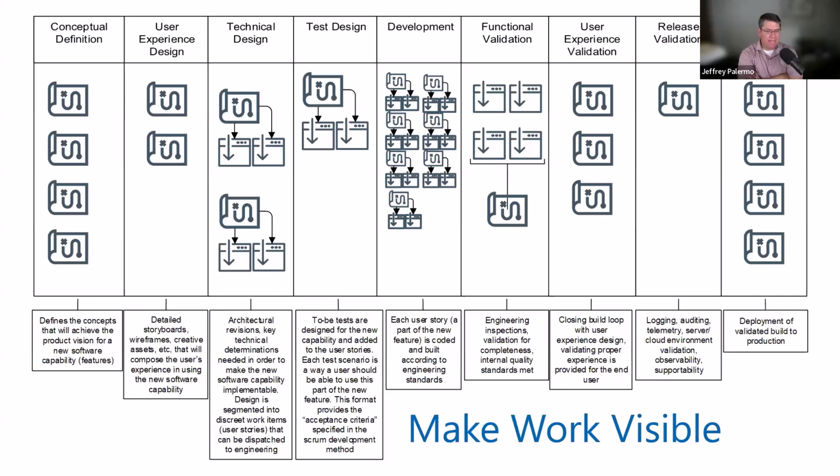But it doesn't give you any insight into why it's taking so long. What do you mean, in progress? In progress where? If we say our team is working on something, what part of it are they working on? And if it's being worked on for a long time, where is it stuck? What activity is taking so long?